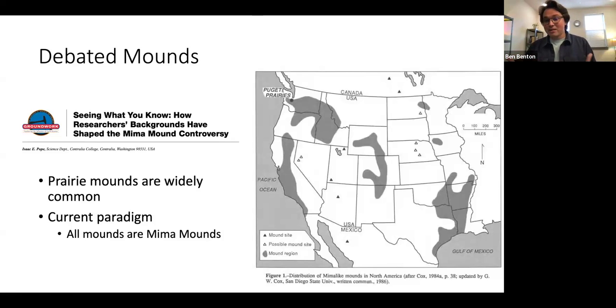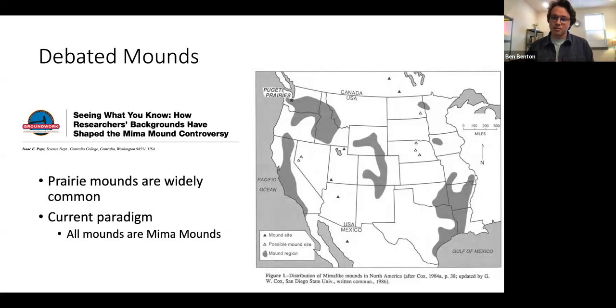Mima mound is a common name for calling pimple mounds. They often get called Mima mounds, and that's the current paradigm, that all of these mounds across the country and across the world too. There are prairie mounds in South Africa and South America and Australia as well that I've seen documentation of. But the current paradigm is that all of these get called Mima mounds.